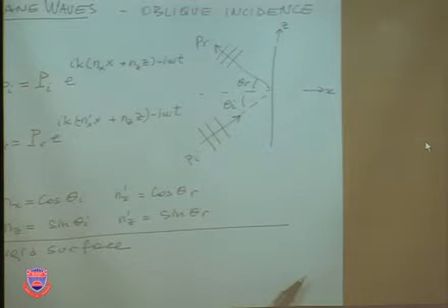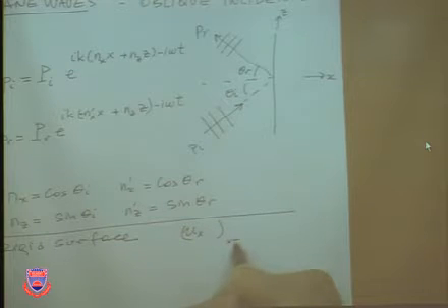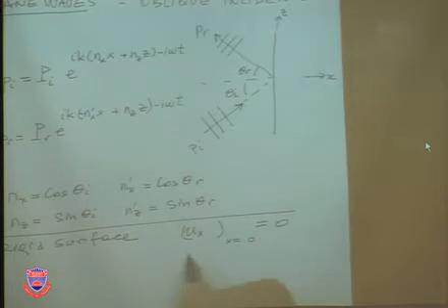Say again? X-axis, yes, exactly. So it has to be normal to the surface. That's all we know. Normal to the surface. So particle velocity u of x at x equal to 0 must be 0.